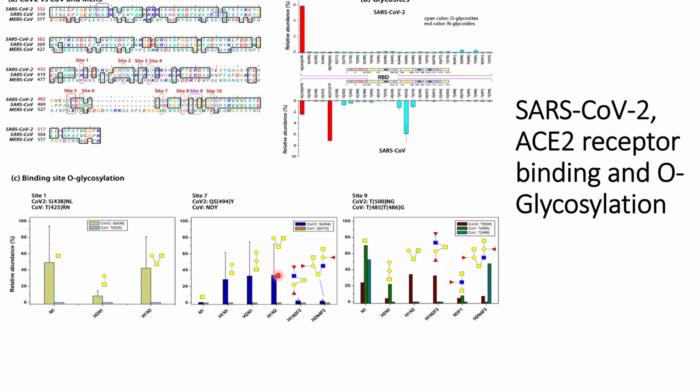Later on, they decided to check whether this O-glycan site has any contribution towards SARS-CoV-2 attachment with the ACE2 receptor. So they first identified the 10 receptor binding motifs of the SARS-CoV-2 virus that bind the ACE2 receptor, and they checked whether an O-glycosylation site exists at these sites or not.